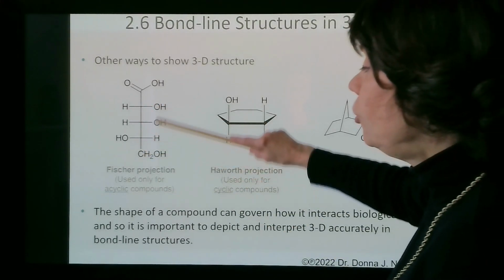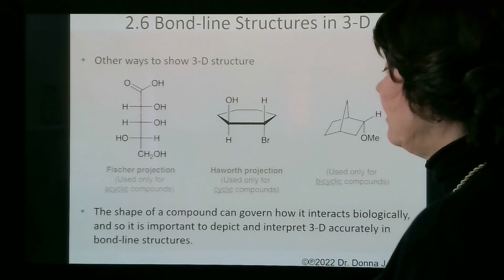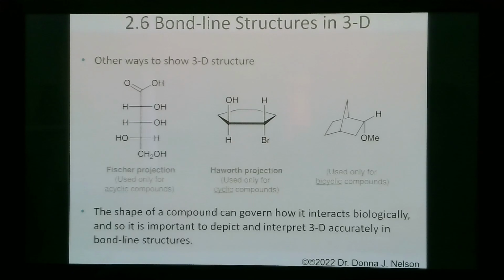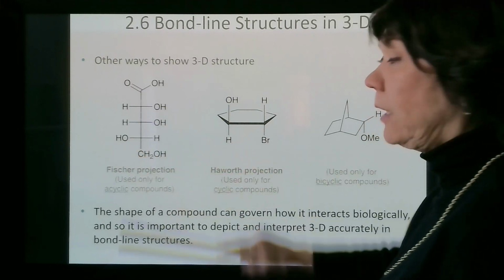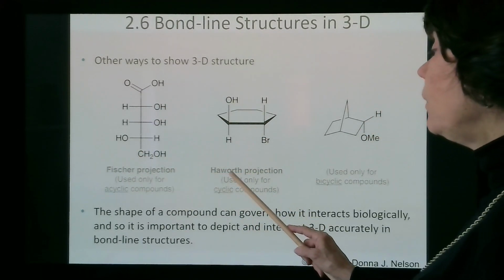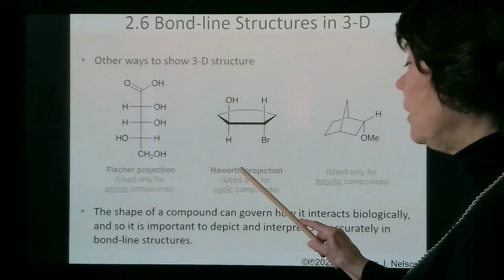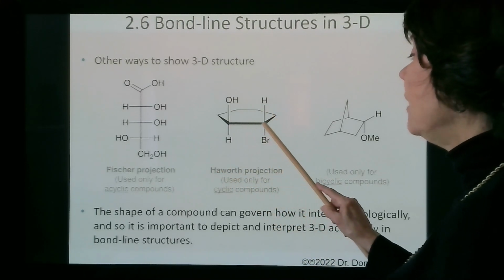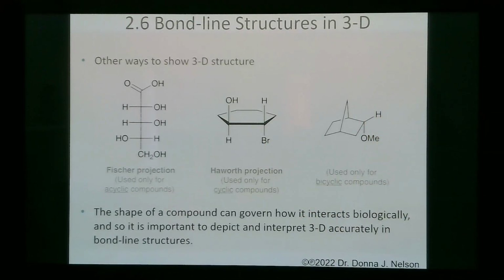And so it should be very easy to recognize these Fisher projections. Although it may not be necessary to actually know the word Fisher, you should be able to recognize the drawing. Same thing with Haworth projections. It's not necessary that you know the name, but it is necessary that you be able to recognize the drawing and what it means.